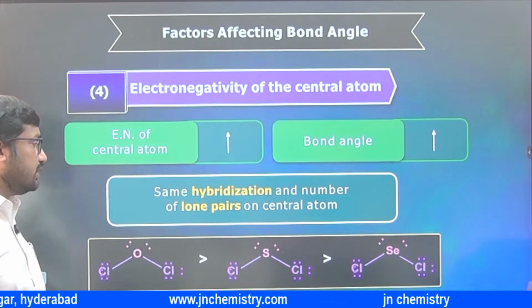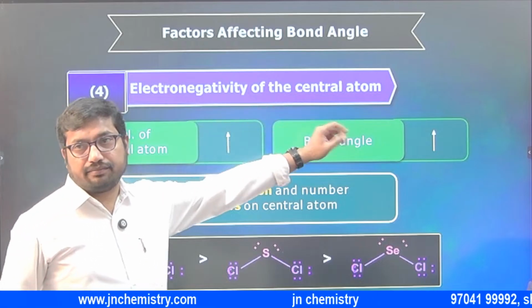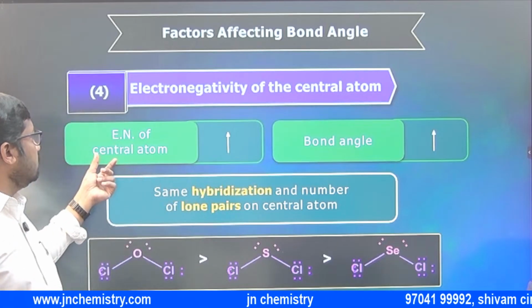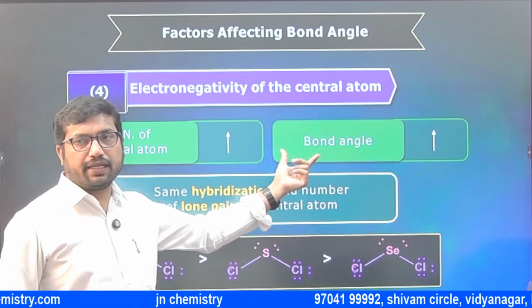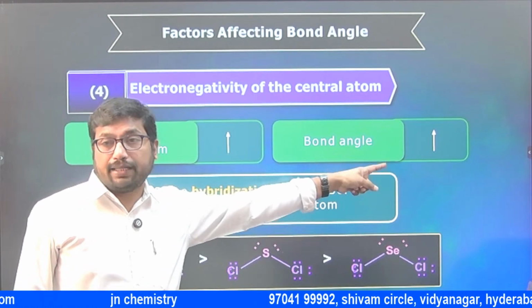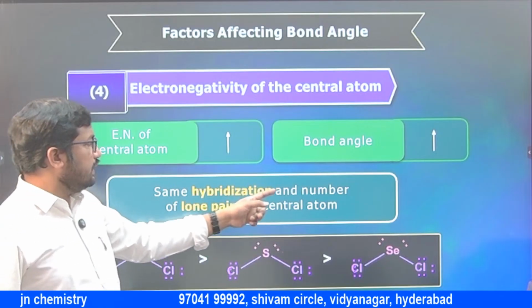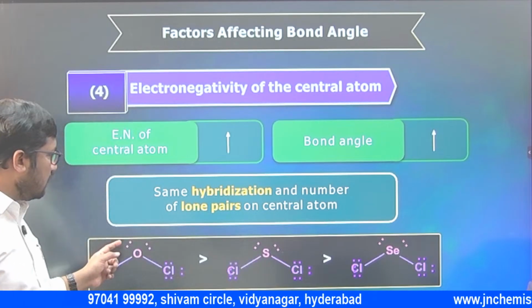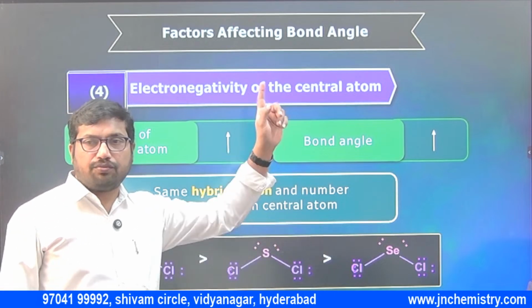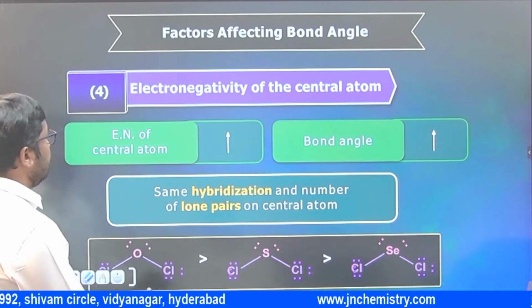Next, this is also important: the electronegativity of the central atom. If the electronegativity of the central atom increases, the bond angle also increases. I am speaking about the central atom. The same hybridization, and the number of lone pairs is also the same.